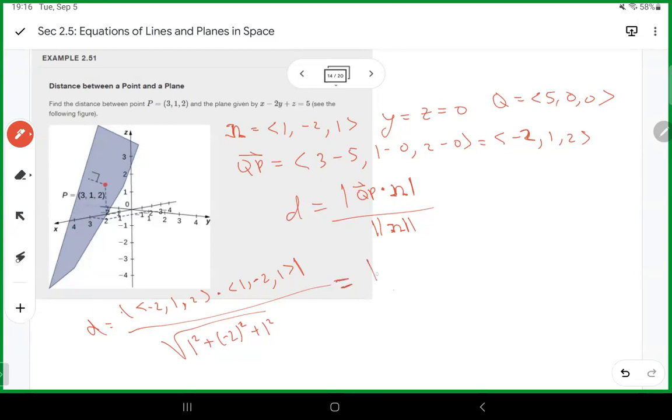And that gives us the absolute value of -2 minus 2 plus 2 over the square root of 6. So we end up with 2 over the square root of 6.